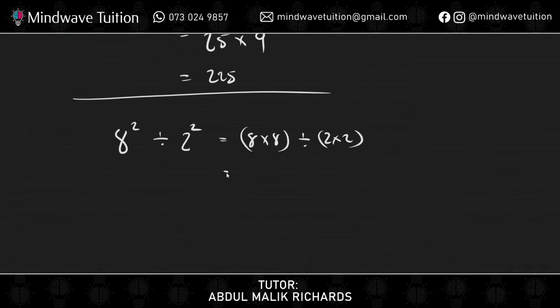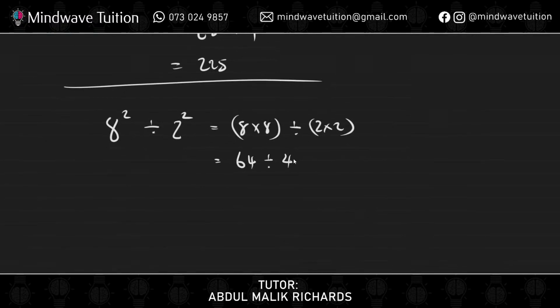So 8 times 8 is 64, and 2 times 2 is 4. So 64 divided by 4. 4 goes into 64 how many times? Since this is division, just for interest's sake, this can be written as a fraction of 64 divided by 4. But the answer here is 16.